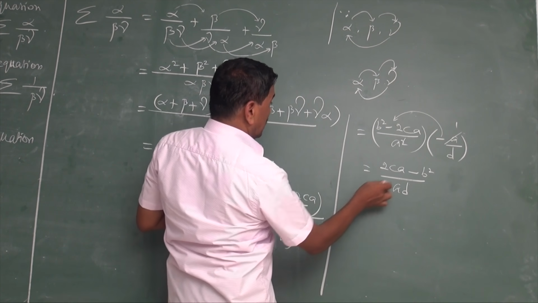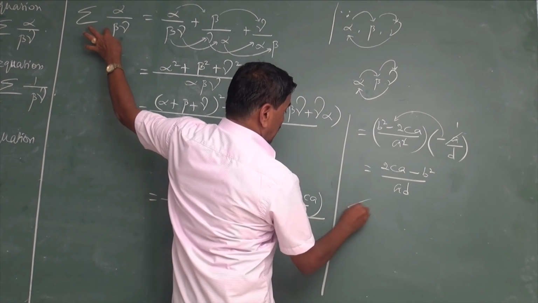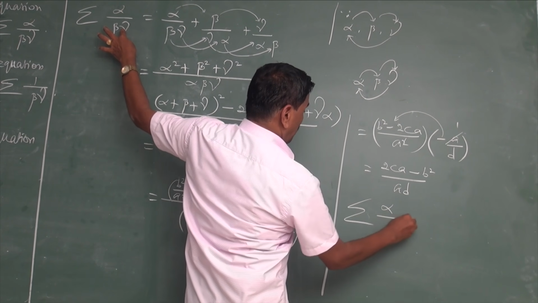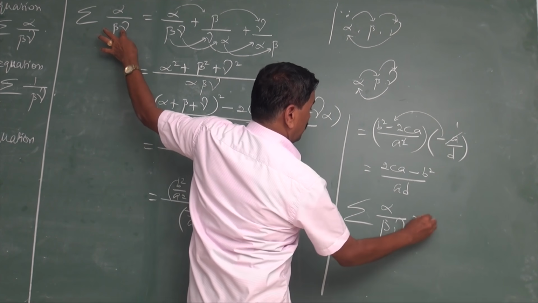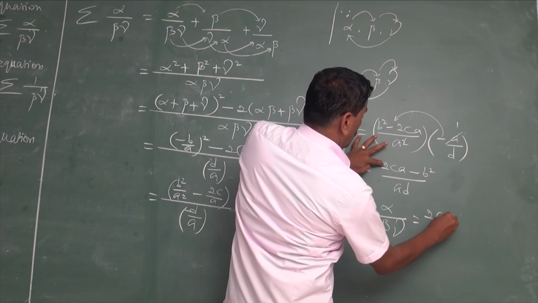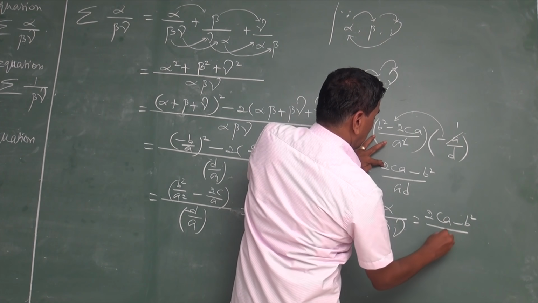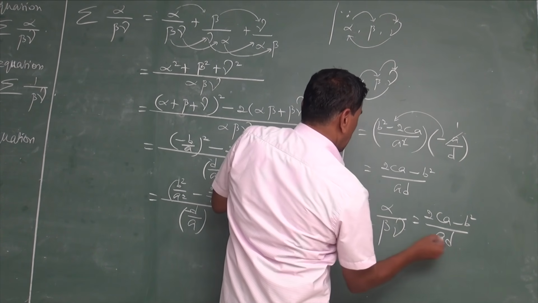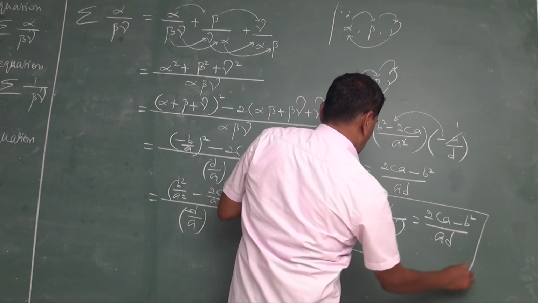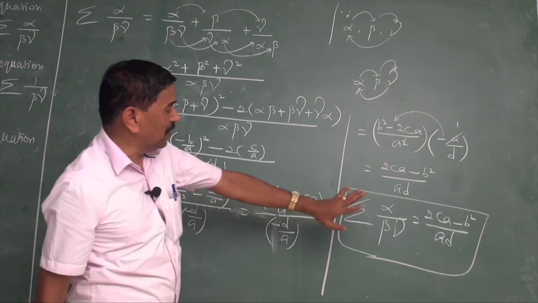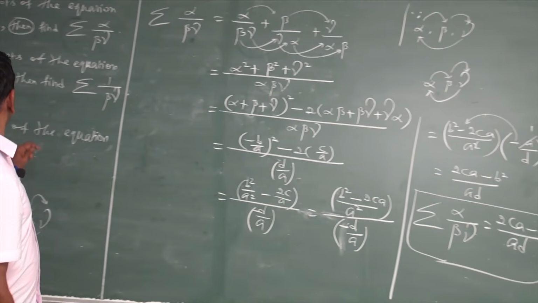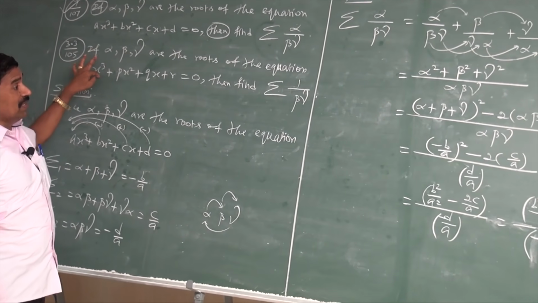So the required answer, whose left hand side is sigma alpha by beta gamma, is equal to (2ca minus b square) divided by ad. This is the required value of sigma alpha by beta gamma. Now similarly, the second sum is given as homework.